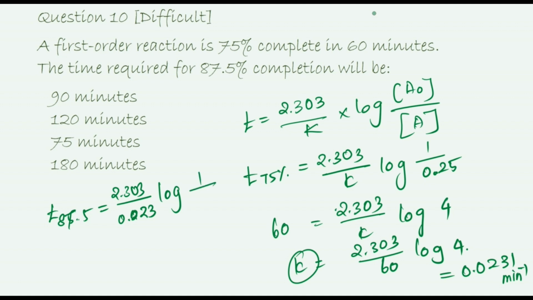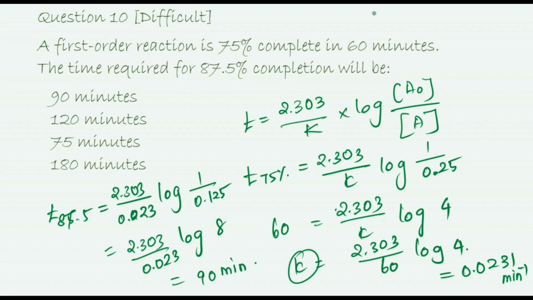So 1 by 0.125, that is log 8. So in total, by solving this, you will end up with 90 minutes. Or else what you can do is try it out with how many half-lives this is. That is also one way of solving this.